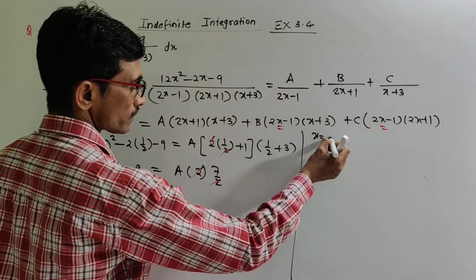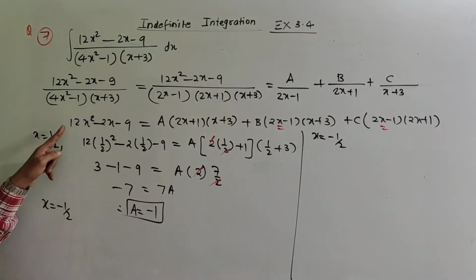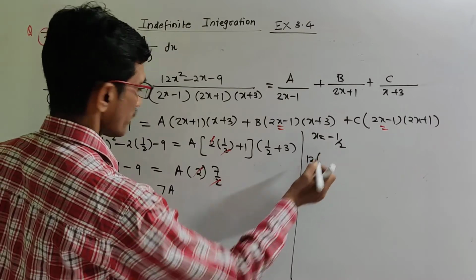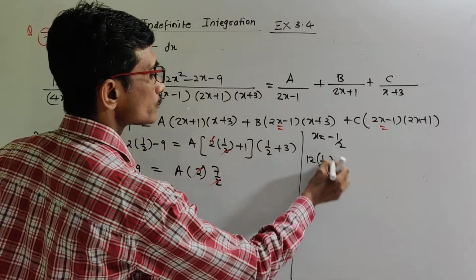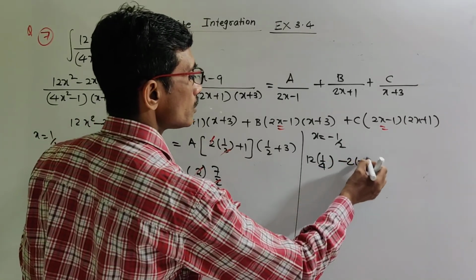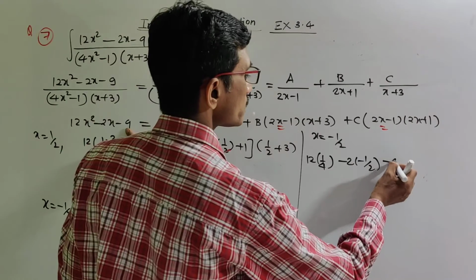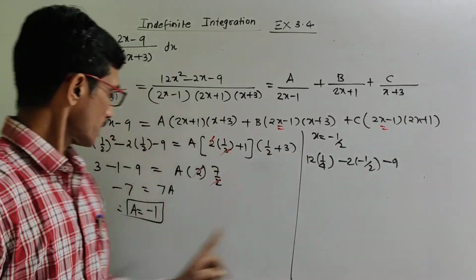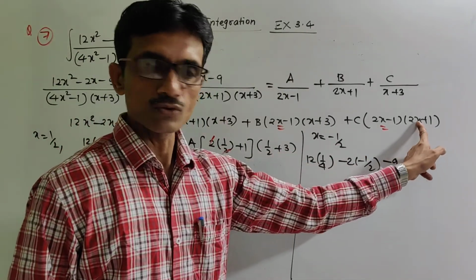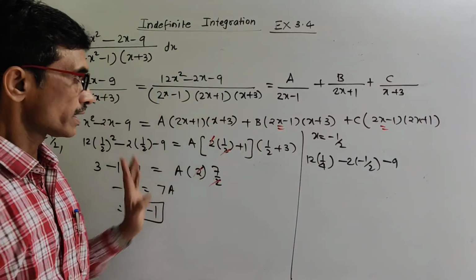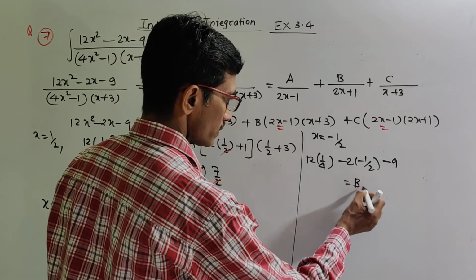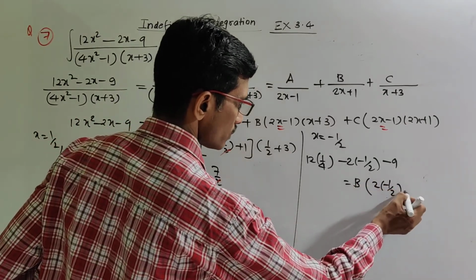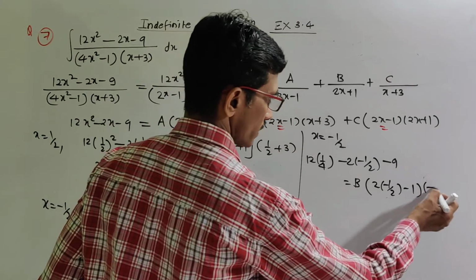If we put x is equal to -1/2, in the equation we have to put -1/2. So 12 into -1/2 square, 1/4, minus 2 into -1/2 minus 9. The a part will cancel, the c part will cancel. Here 2x plus 1 is there, and putting x is equal to -1/2, this will reduce to 0. We will write only the coefficient of b, so b into 2 into -1/2 minus 1 and -1/2 plus 3.